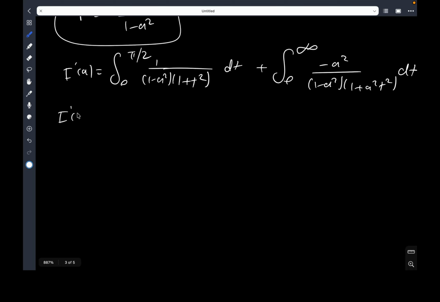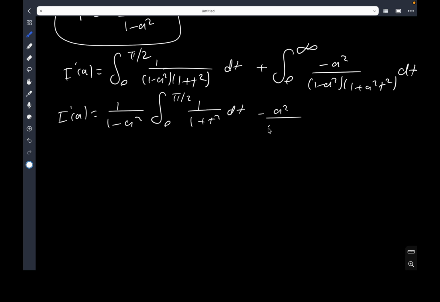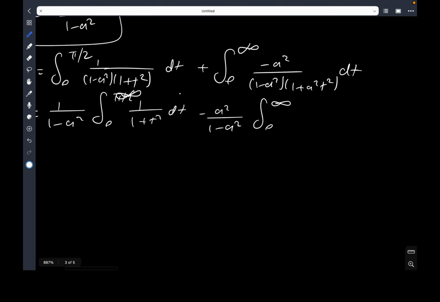And I prime of a is equal to 1 over 1 minus a squared, the integral from 0 to infinity of 1 over 1 plus t squared dt, minus a squared over 1 minus a squared, the integral from 0 to infinity of 1 over 1 plus a squared t squared dt.